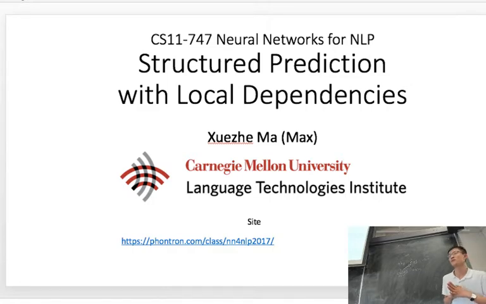Yes, if you think that the RNN or LSTM can encode the sentence perfectly, it can capture all the information you need to predict each tag independently. But in practice, usually that's not the case, right? Your encoder is never perfect.